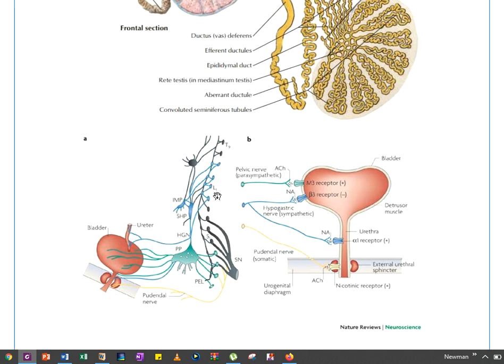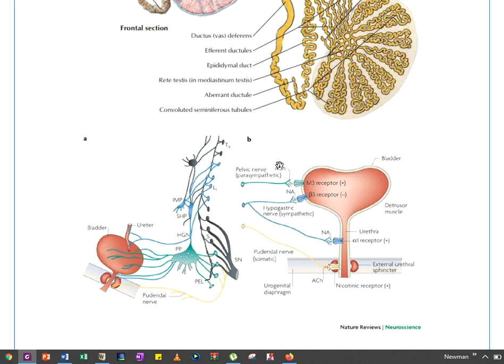So here is the image of the urinary bladder again, but I put this image here for the purpose of making you remember the micturition process, or the effect of the parasympathetic and sympathetic autonomic nervous system on the urinary bladder. As you can see on this image, the urinary bladder has receptors for parasympathetic and sympathetic.